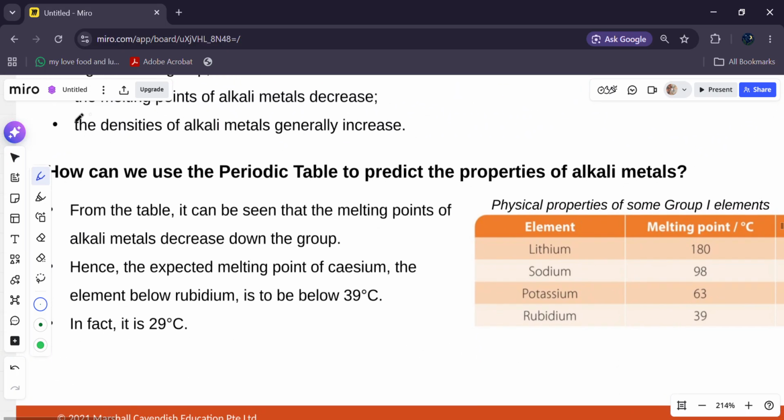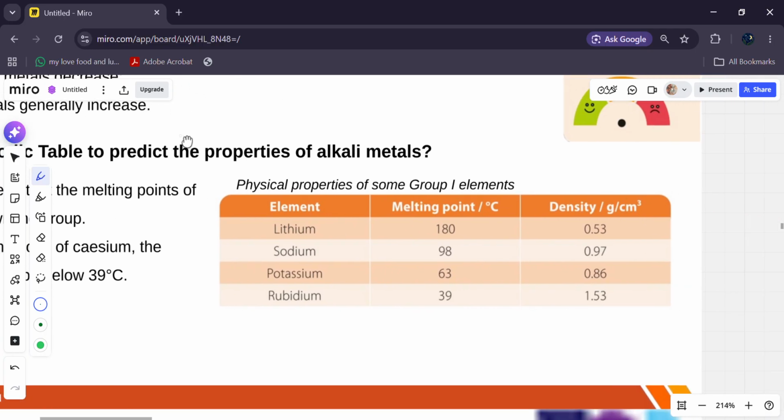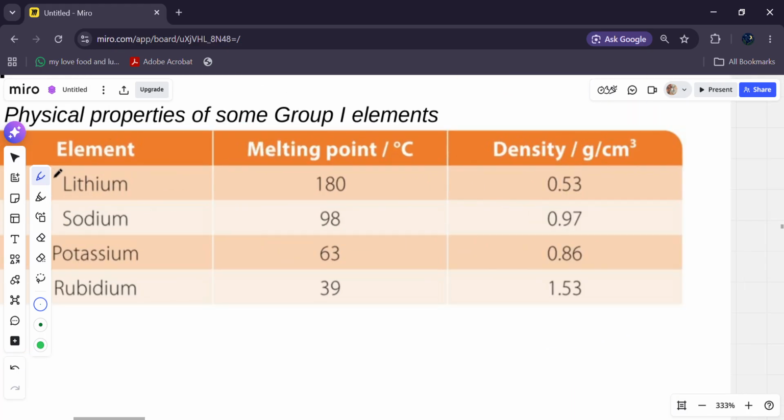Now, how can we use the periodic table to predict the properties of alkali metals? So here are the alkali metals. As you can see, lithium has the highest melting point, at 180 degrees Celsius, while the density in grams per centimeter cubed is 0.53. This is a very low density and a fairly high melting point.